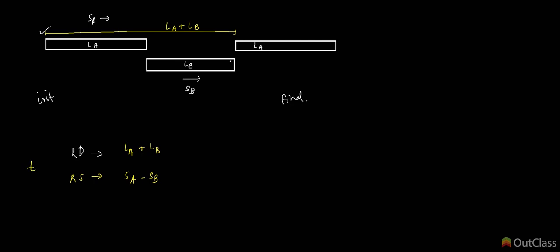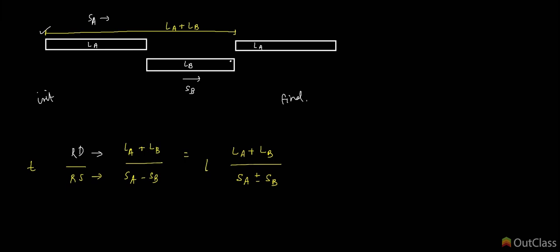And the time taken to cross is simply the fraction, distance by speed. It's LA plus LB by SA minus SB. This is for same direction. If it is for opposite direction, you can simply put plus instead of minus and you have the answer.